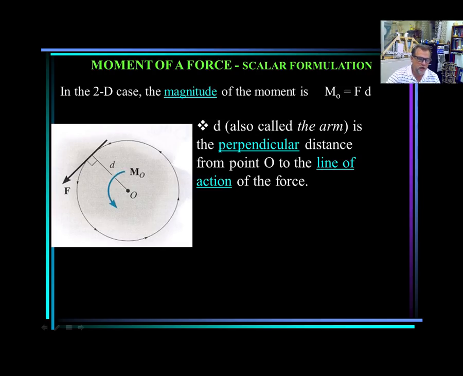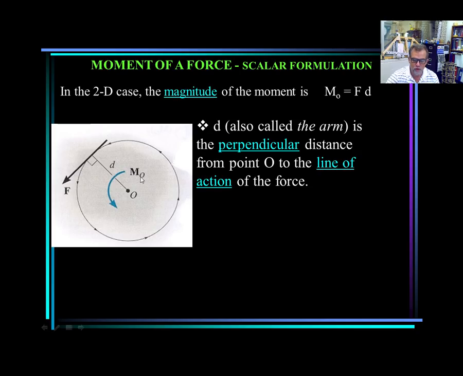In 2D it doesn't affect you that much, but when we go to 3D, which is the next chapter or the next lecture, it's going to be very important that you say it that way. That arm or that R, don't say radius at all, it's not radius. That arm is the distance from the point to the force, or to the line of action of the force. From, to.